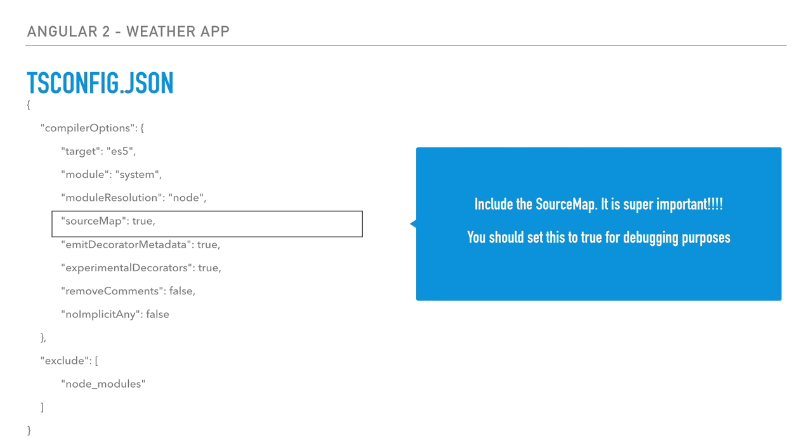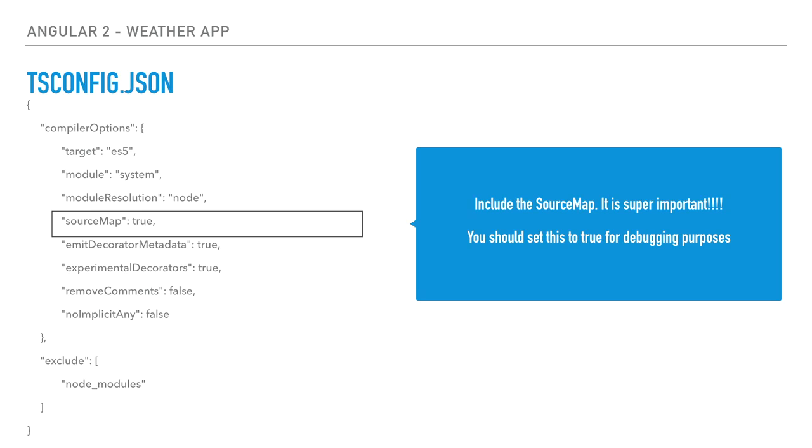This property is super important. If we want to debug our application, you have to think about it. We have the source code in TypeScript, but then we generate that JavaScript. So should I debug in the final JavaScript or in the TypeScript?